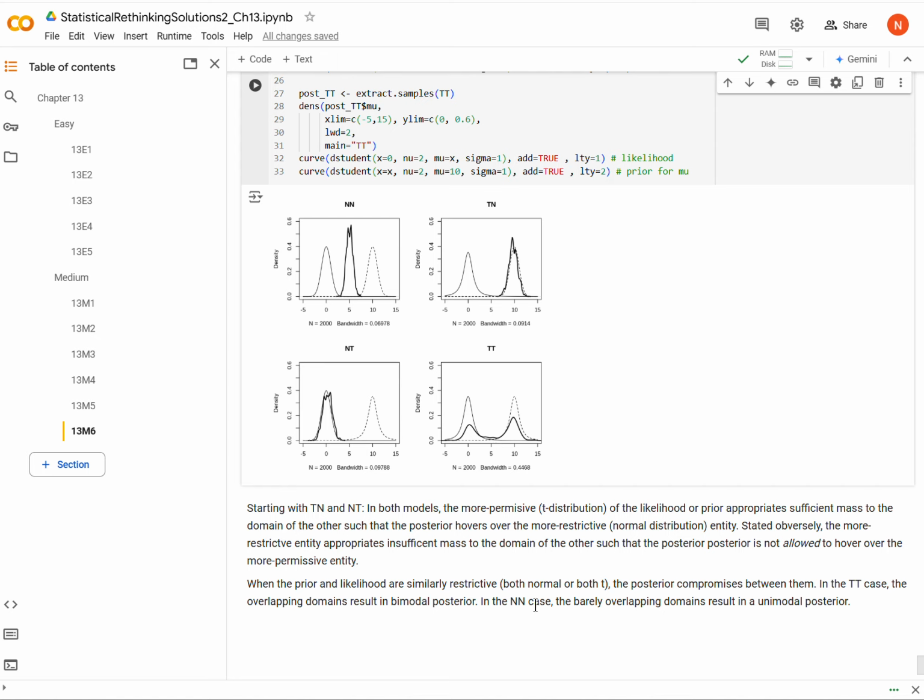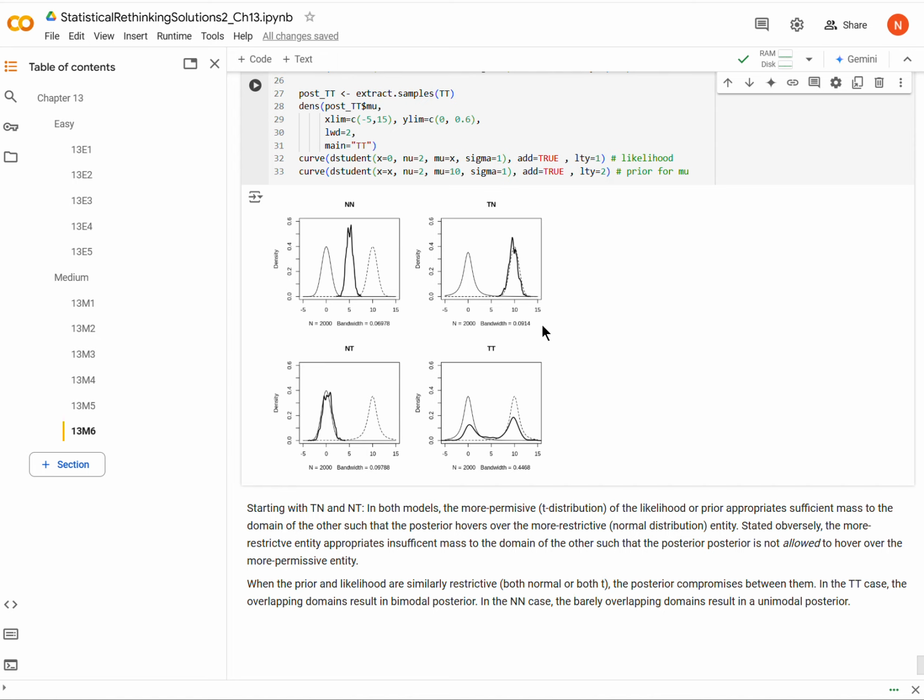But anyway, probably some greater themes here, and we should already know this: when we have more permissive prior distributions, we will tend to give more weight to the data, to the likelihood. The posterior will shift more towards the likelihood, more towards the data.